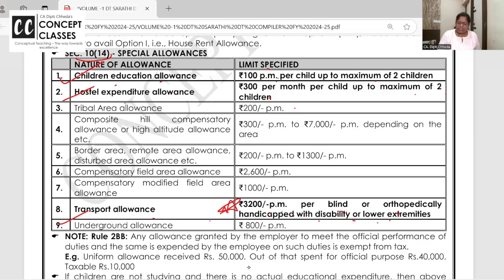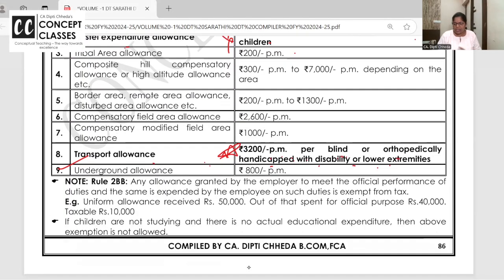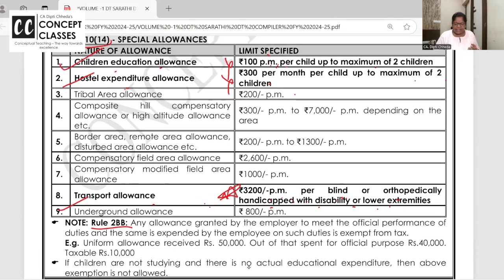How much is children education allowance exempt? 100. Hostel, 300. These two are not allowed in case of the default tax regime. This is allowed in case of both. I've given a separate comparative table for this. Now there's Rule 2BB. Many times you receive a uniform allowance of 40,000 and you actually spend it to buy uniform.